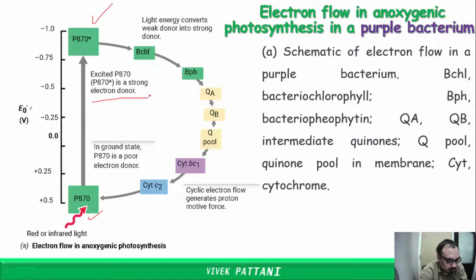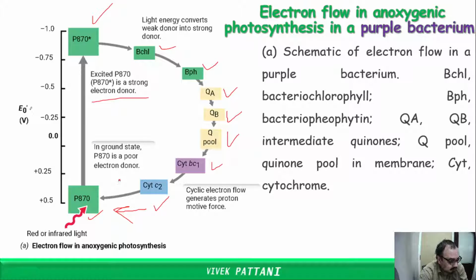Now moving further, the electrons are transferred to the bacterial chlorophyll, then bacteriophytin, then quinone A, then quinone B, then the quinone pool, cytochrome bc1 and cytochrome c2, and again passed on to the P870.